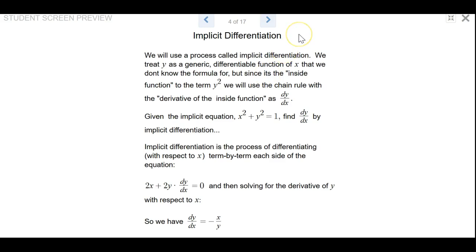At first you approach it just learning the process of differentiating term by term. It kind of organically sinks into your brain as you go along that yeah, I'm treating this y as some function that works, even though I don't know what the explicit formula for y is.